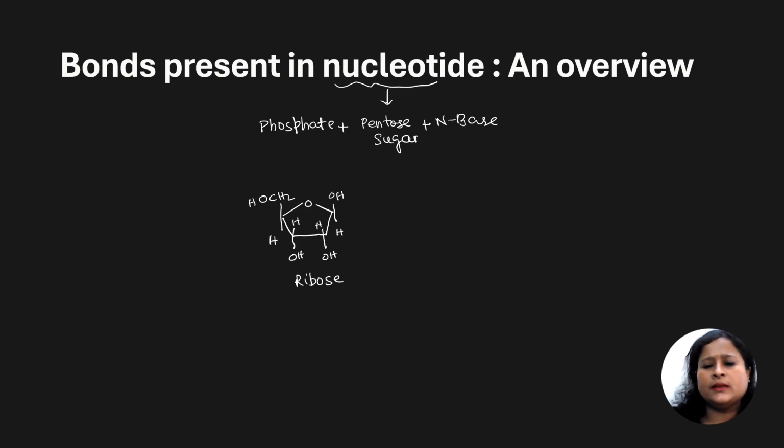Now the 1' of ribose will always interact with the nitrogenous base, and the type of bond formed is beta glycosidic bond. Now why beta?